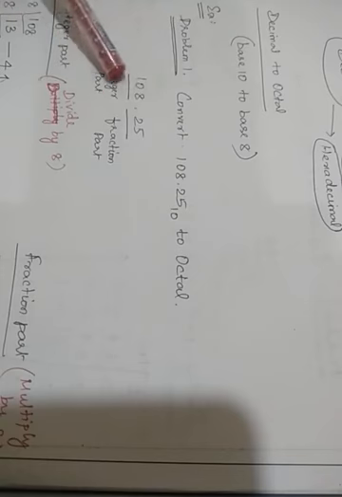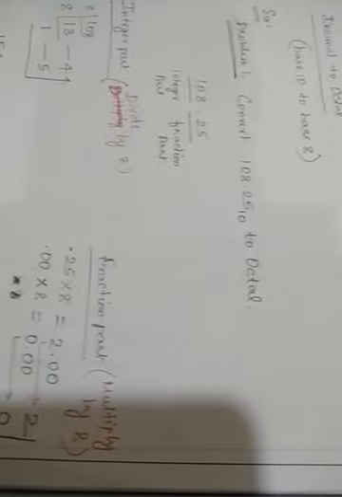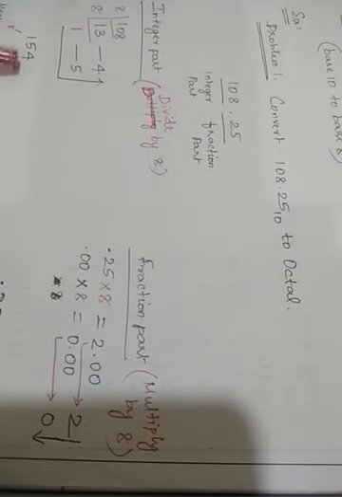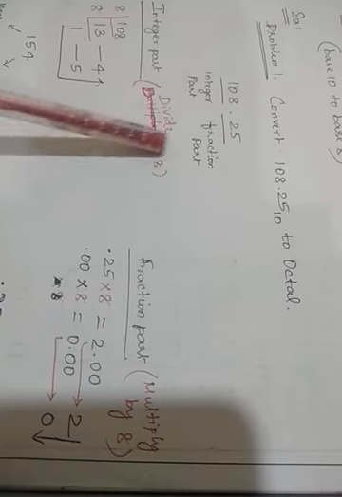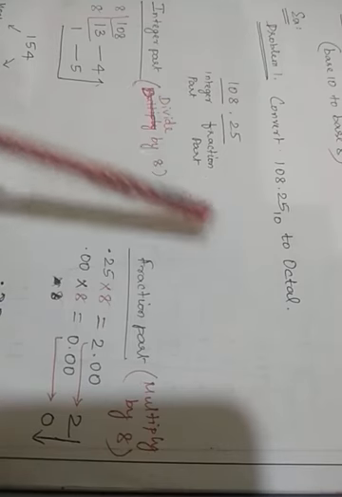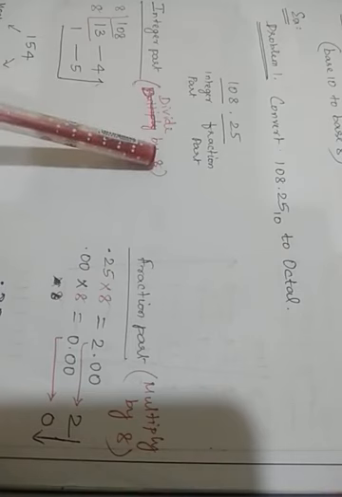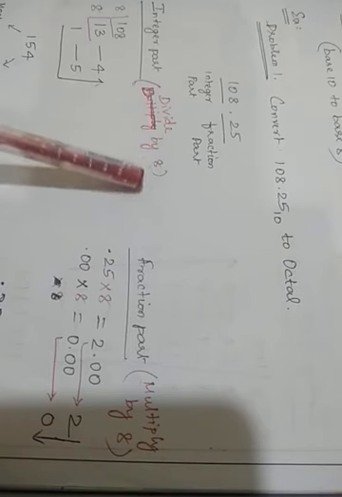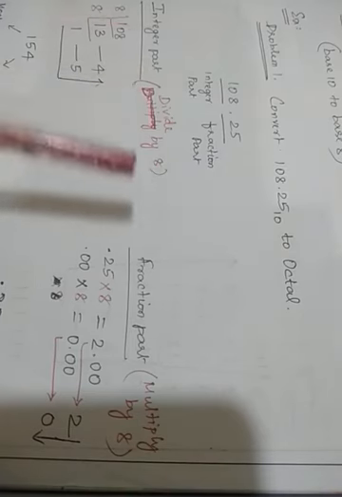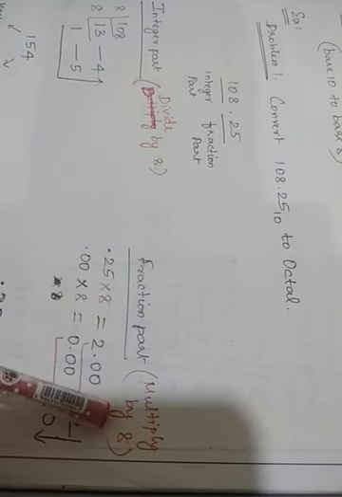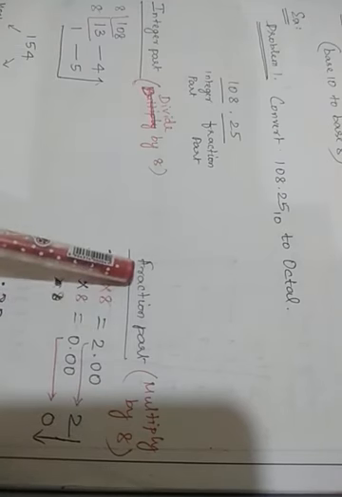The integer part approach is different: it is divided by the radix number. Since I want to convert to octal, I am taking 8. So divide by 8 for the integer part, and multiply by 8 for the fraction part.